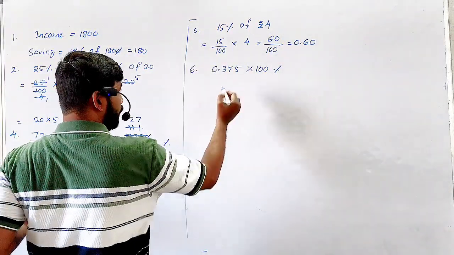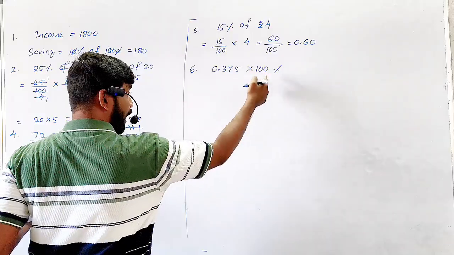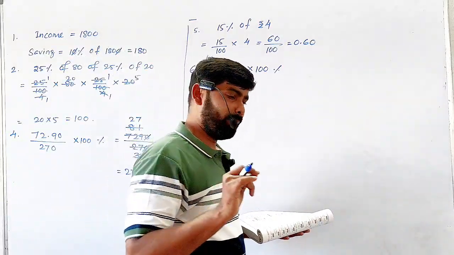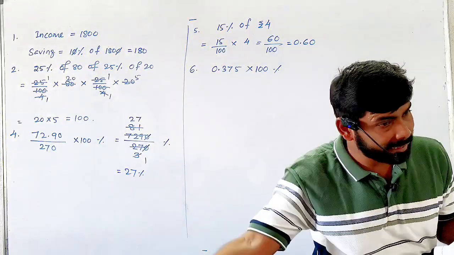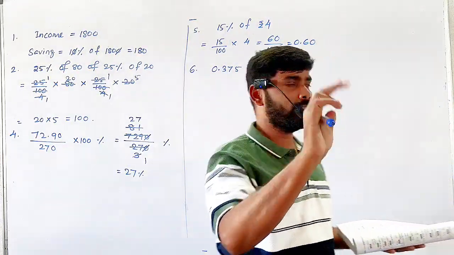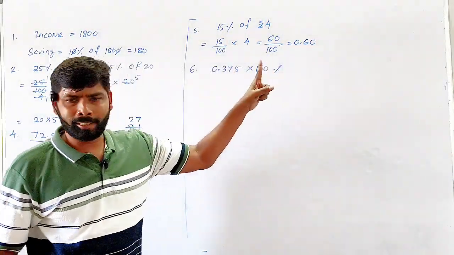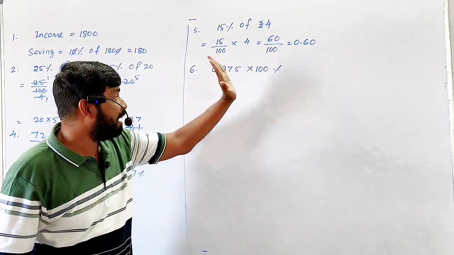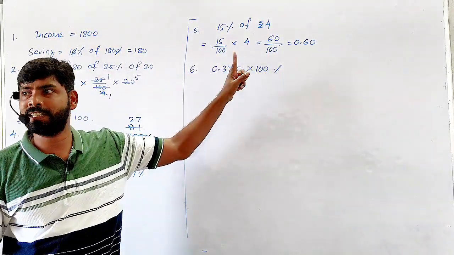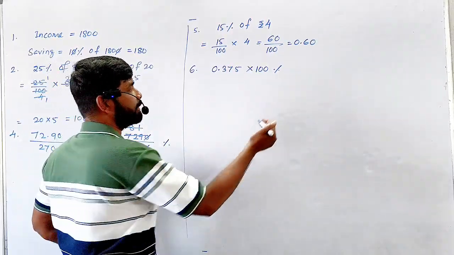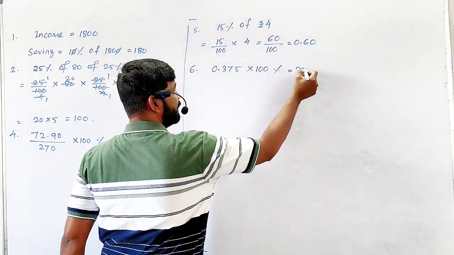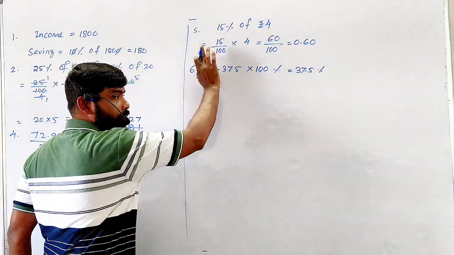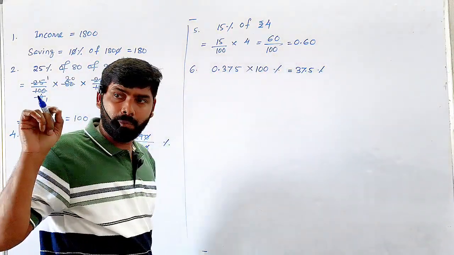Right. So now you see, decimal number into 1 with zeros. What happens to the decimal point? The decimal point will move towards the right. How many steps? It means in our answer, where will the decimal point come, after 7 or between 7 and 5? So your final answer is 37.5%. The decimal point will move towards the right. Why will it move towards the right, guys?